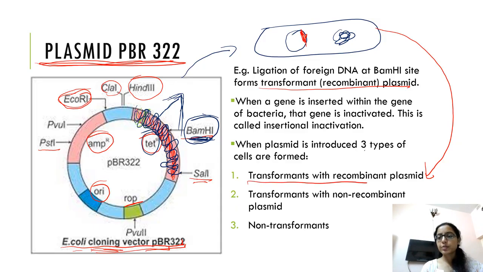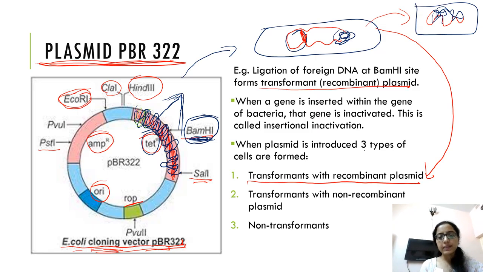First one, transformant with recombinant plasmid. They will combine with this plasmid and form the new DNA which is having the gene of interest. This red part is the gene of interest. So these are called transformants, meaning they have successfully taken our gene of interest.